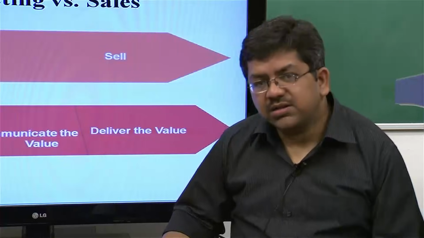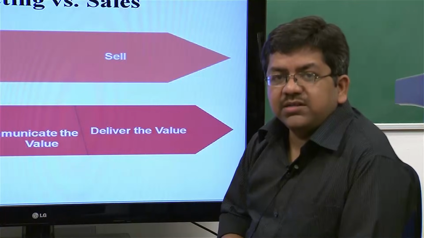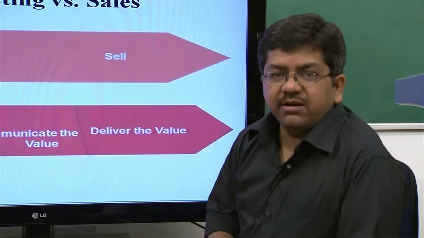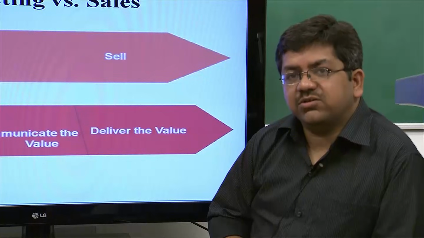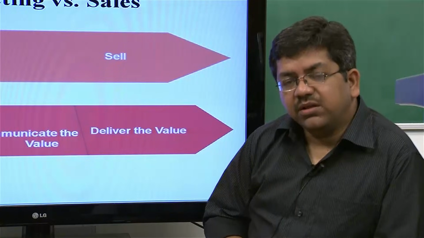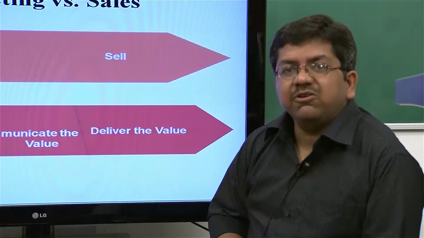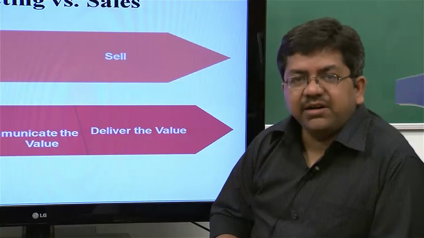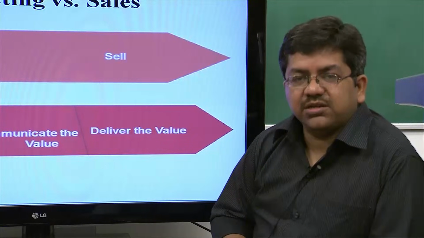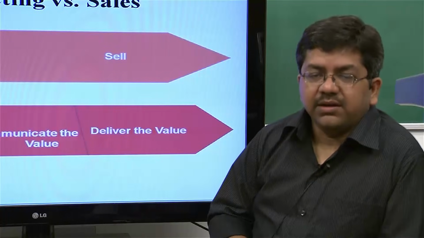On the other side, if you look at the sales process, the company might be good at producing something and offering that to the customers, but the customer may not like that offering because it may not suit his needs, or it may not be suitable for the environment in which he consumes the product or service.